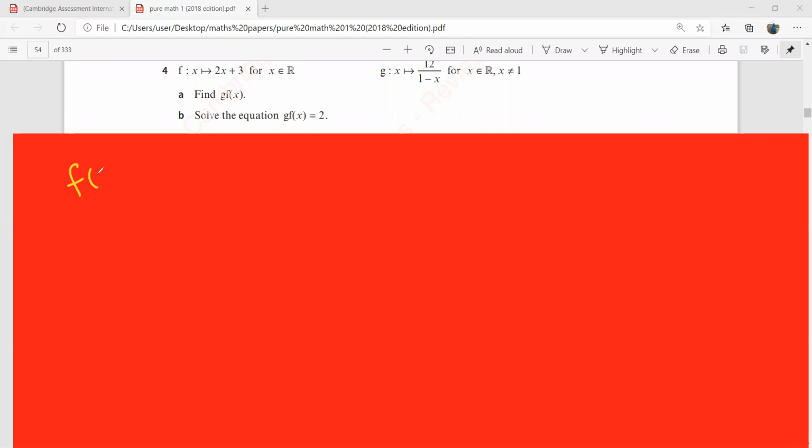Your f of x is 2x plus 3. I'm just ignoring the domains right now. And g of x is 12 over 1 minus x. So I need g f of x. That means you have to substitute f into g. Yes, f into g. So g has to be there, and then you find this g f of x.